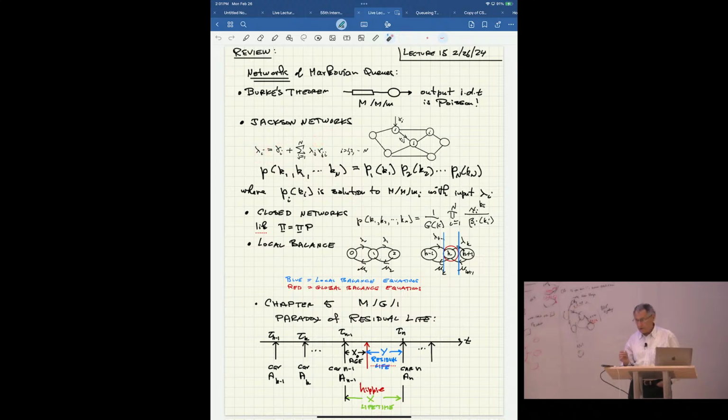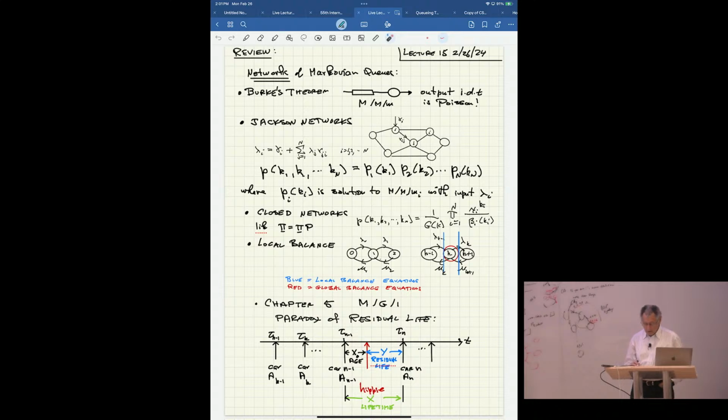And the beautiful result is that we found that the joint distribution for the number across all n nodes is equal to a product of distributions, one for each node, where each of those distributions is a solution to M/M/1 with input lambda_i, which we just calculated up here. Beautiful result, very strong.